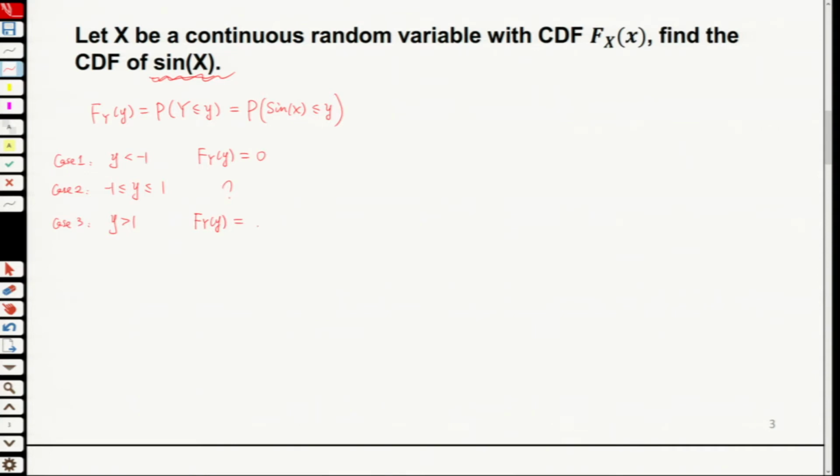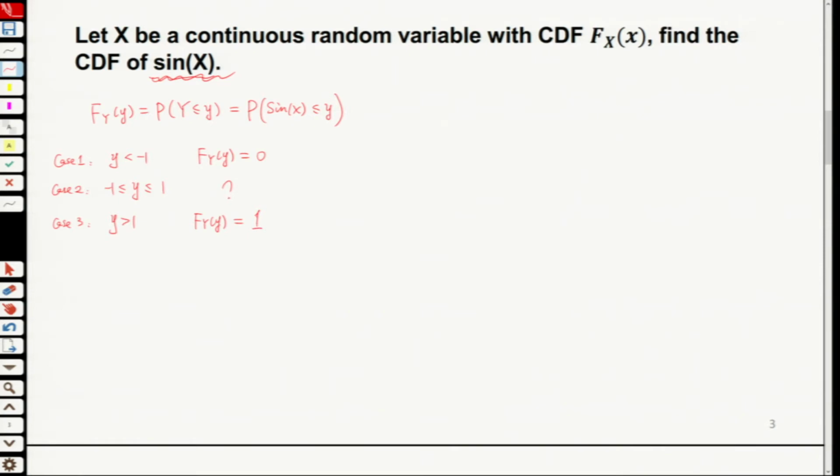What is the probability that sine x is less than 2? It is 1. And for any y greater than 1, this should be 1.